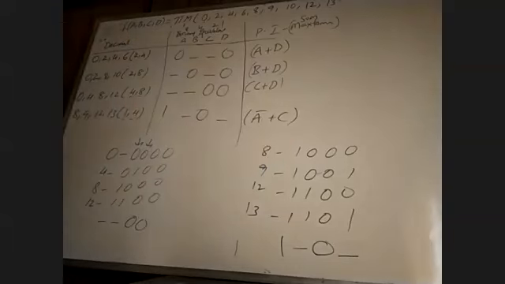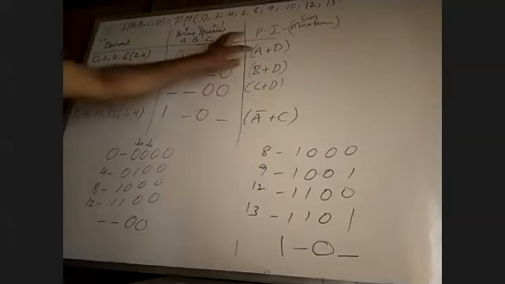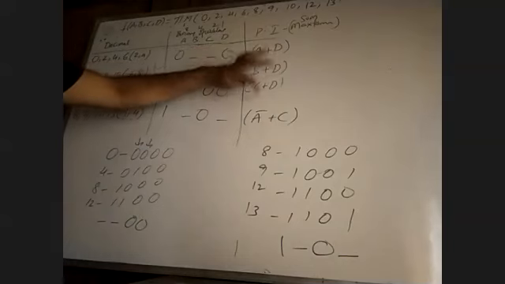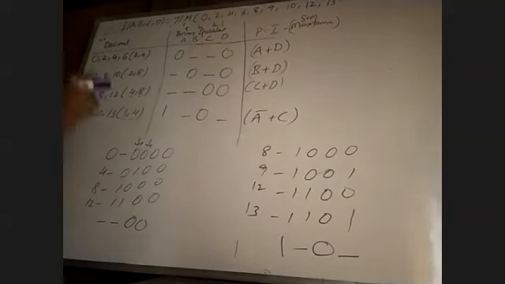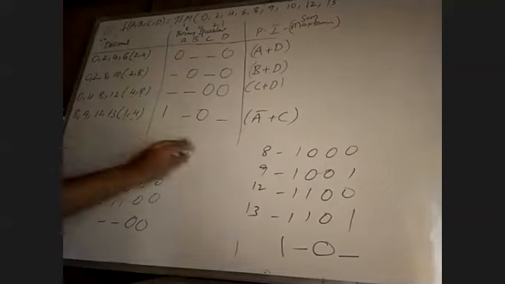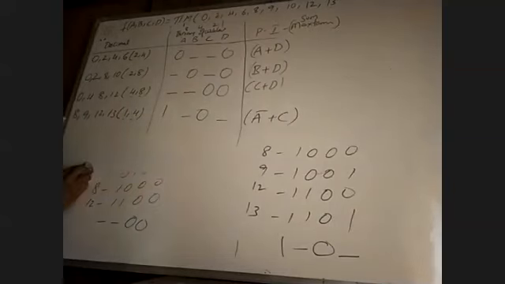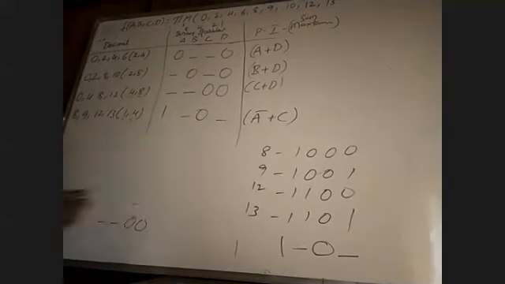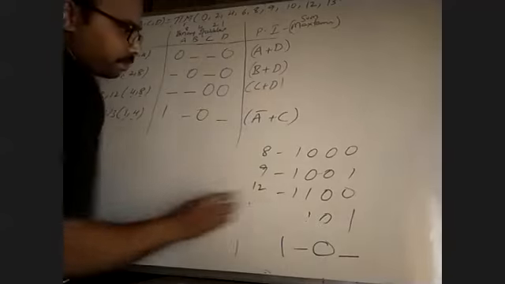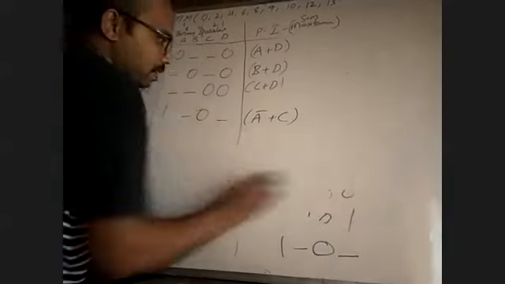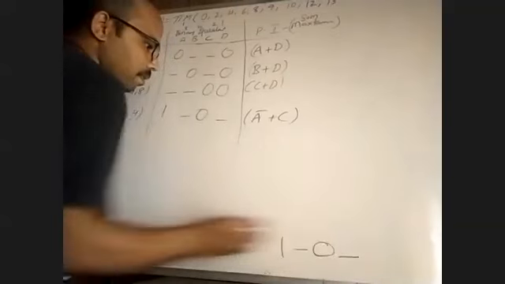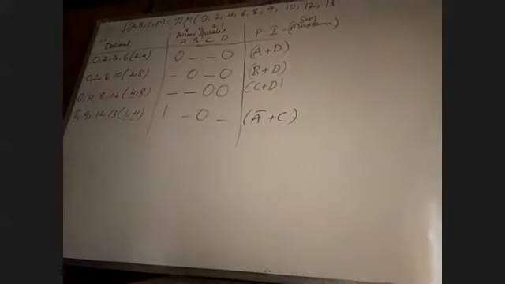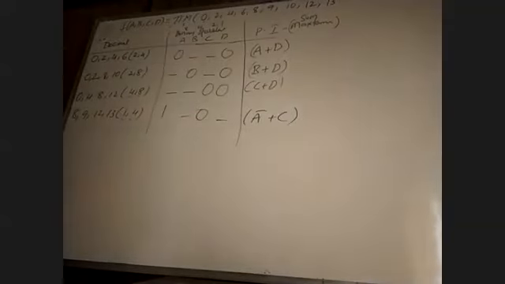What are the prime implicants? The prime implicants are A plus D, B plus D, C plus D, and A bar plus C. These are my prime implicants.